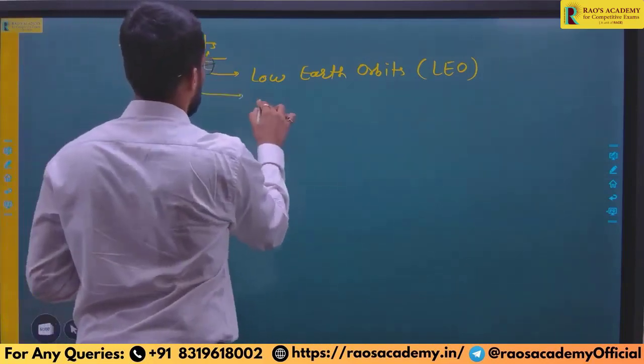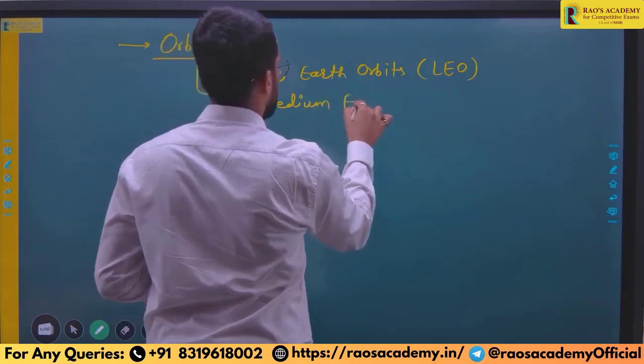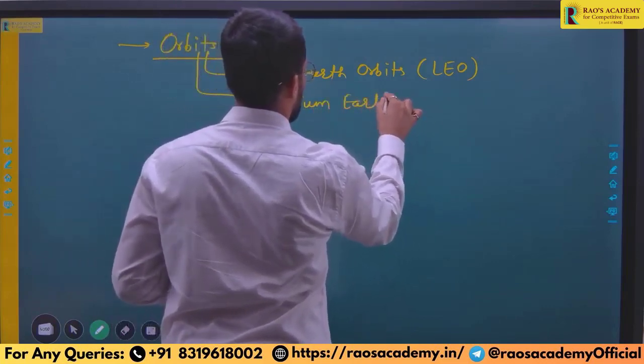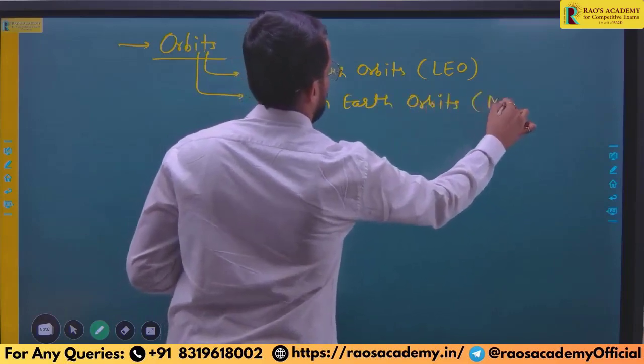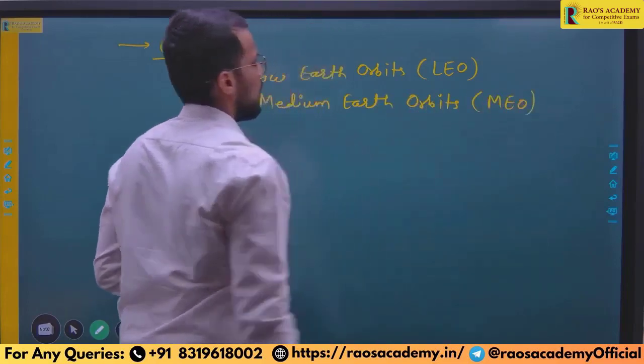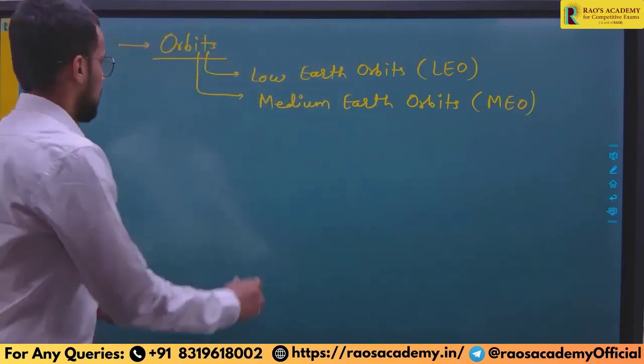Next we have medium Earth orbit, and medium Earth orbits are primarily used for the launch of navigation satellites.